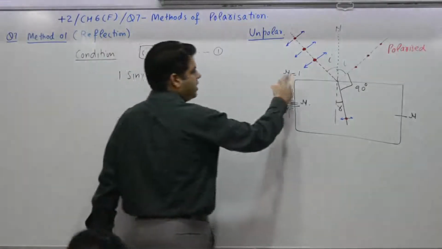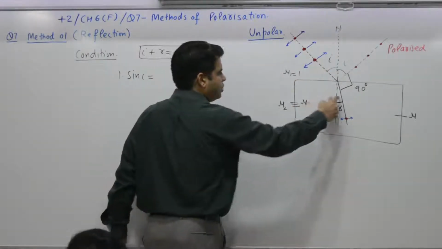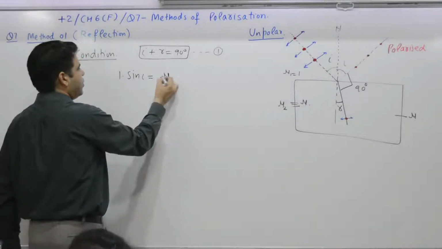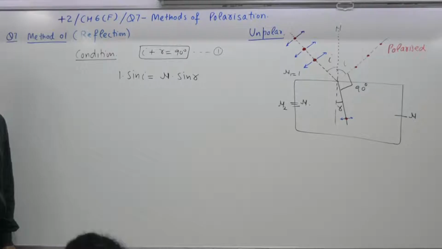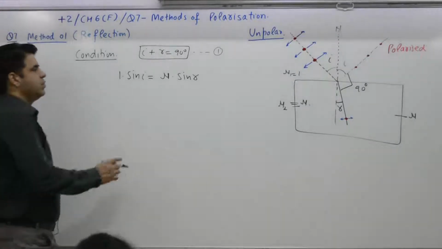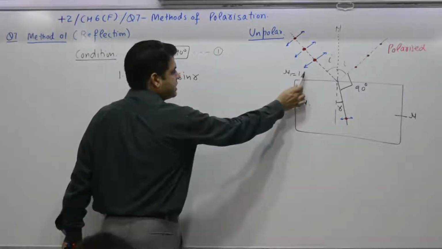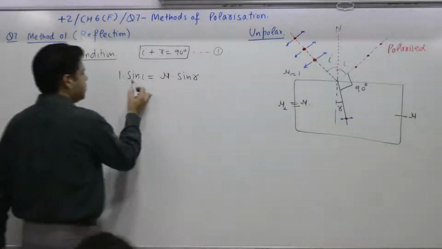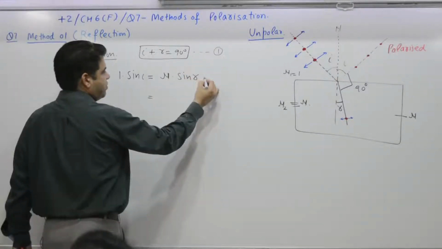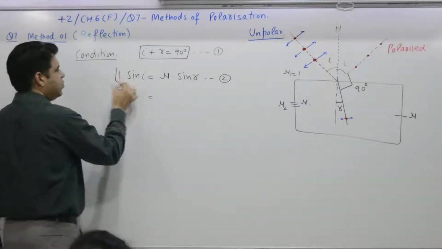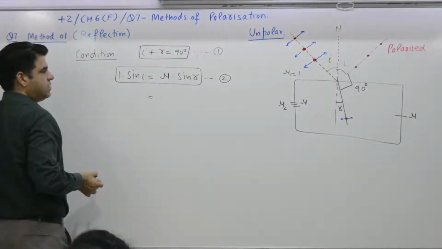Nu 1 sine theta 1 is equal to nu 2 sine theta 2, the law of refraction covered in school. In this case, air, free space: 1 into sine I is equal to nu times sine R. This is equation number 2. From 1 and 2, you can write the whole expression in terms of I. How?